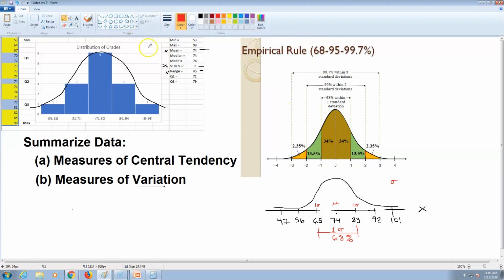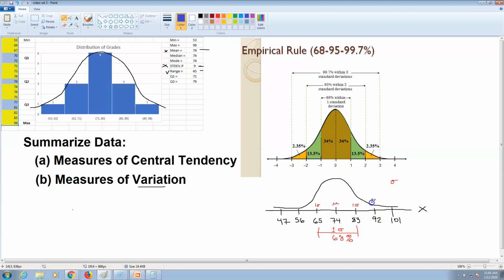Now, when the data is 2 standard deviations from the middle, so 2 to the right and 2 to the left, we say that 95% of all of the data is in between there. So in my case, let me use a different color. If I start in the middle and I count by 9 two times to the right, I will get to 92.